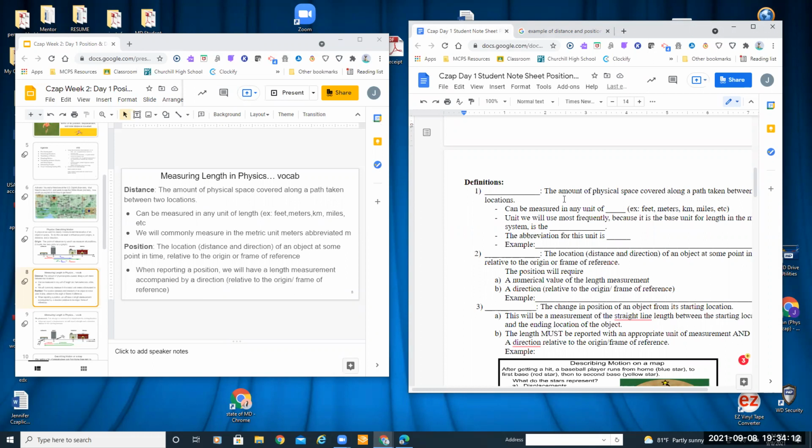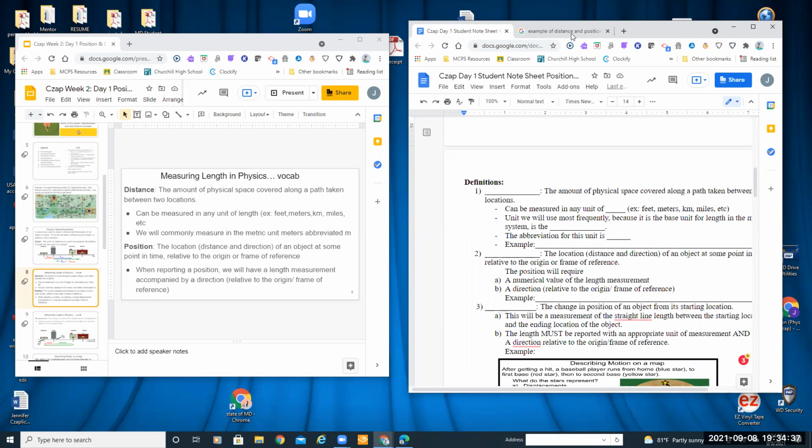It can be measured in any unit of length, example, feet, meters, kilometers, miles, etc. The unit we will most frequently use, because it is the base unit for length in the metric system, is the meter, M-E-T-E-R. The abbreviation for this unit is a lowercase m.